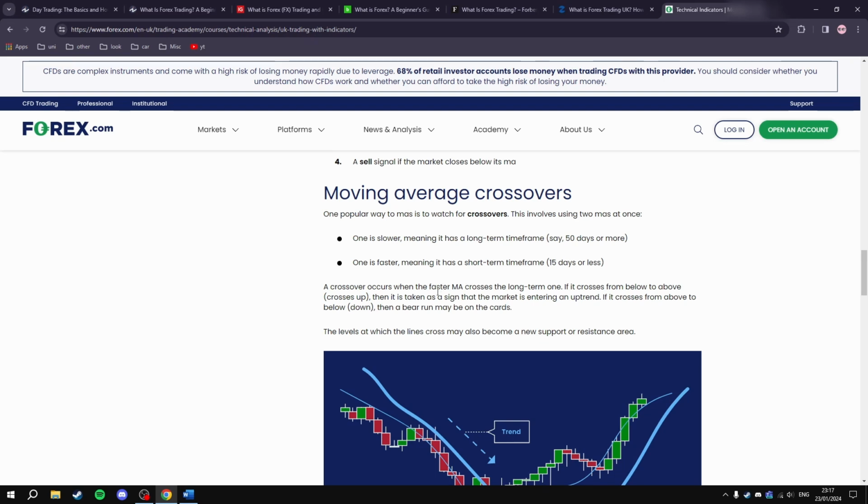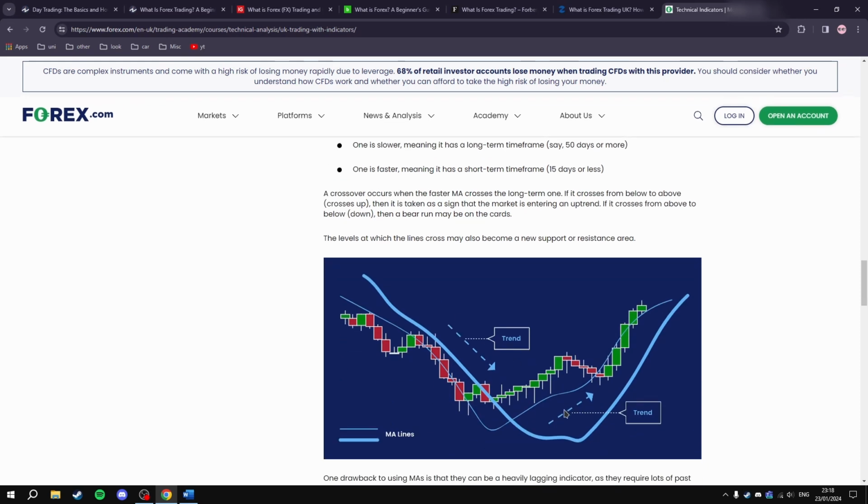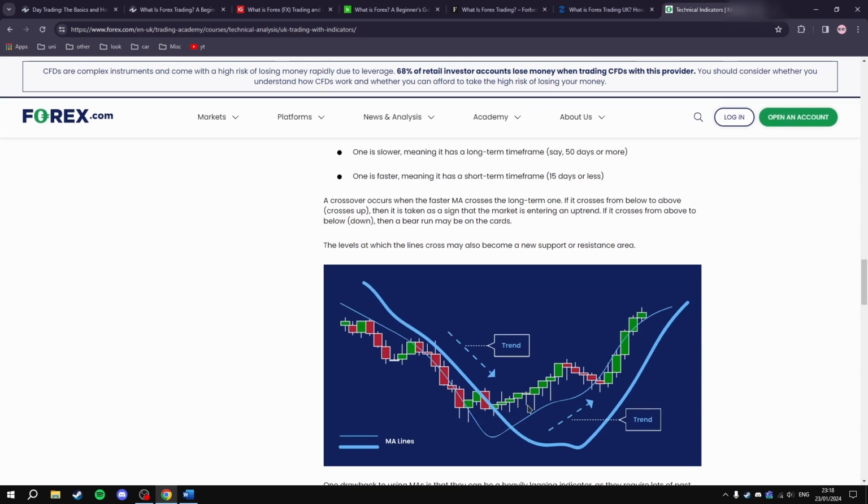A crossover occurs when the faster moving average crosses the long-term one. So that bit's the crossover there.